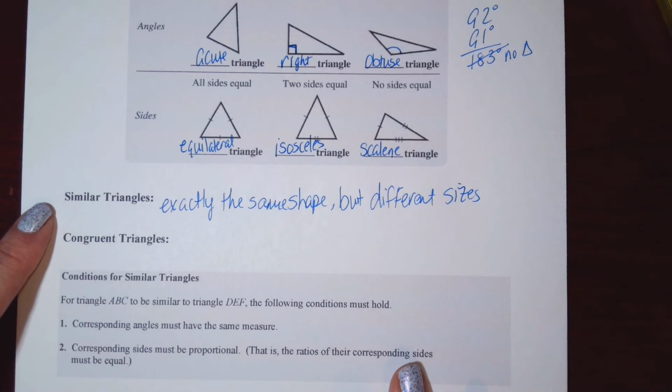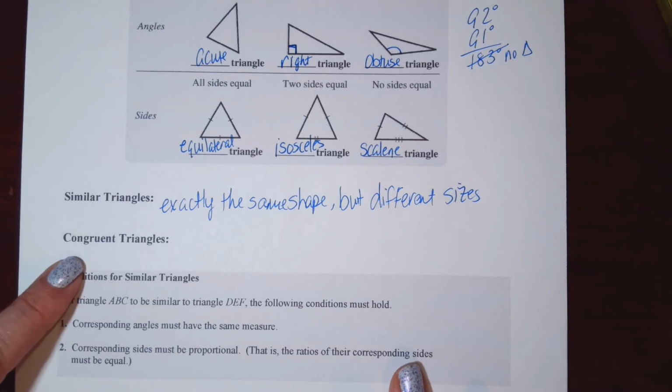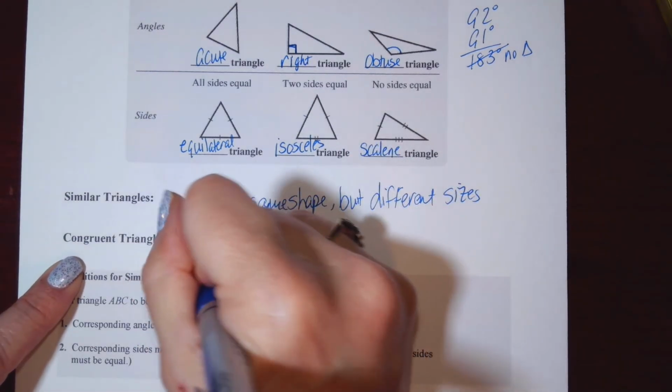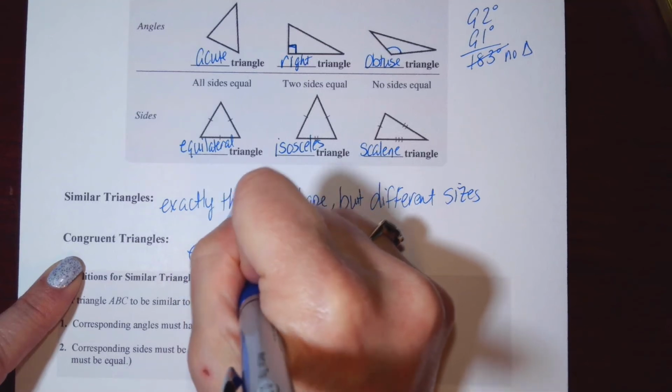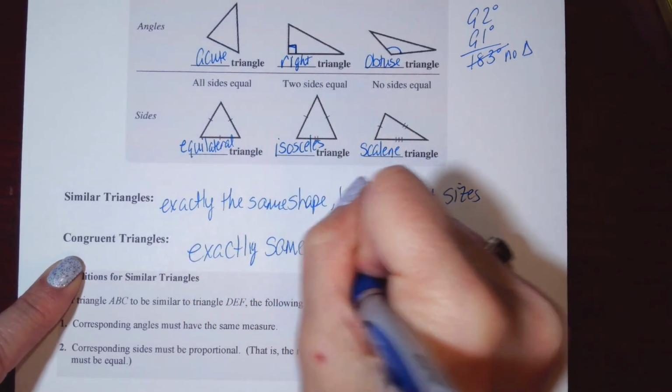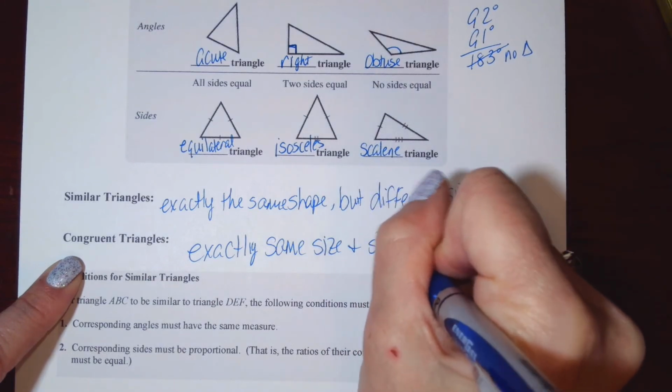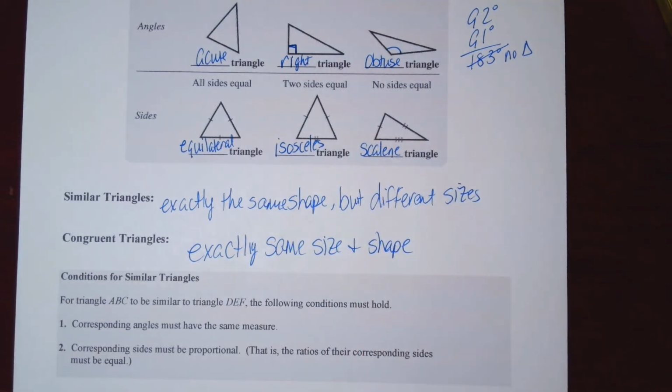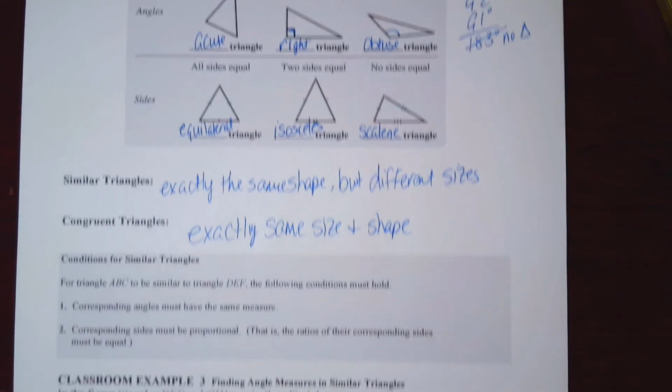Exactly the same shape, but different sizes. Congruent, however, means exactly the same size and shape. Similar triangles have the same shape, but different sizes. Congruent triangles are the same size and the same shape.